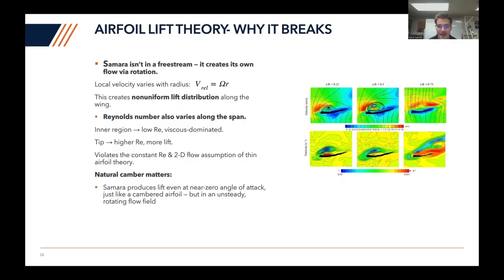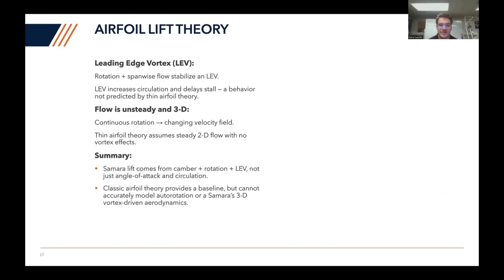Additionally, natural camber matters. Samara seeds produce lift even at near zero angle of attack. However, it's in an unsteady rotating flow field. They also have a leading edge vortex. Rotation and spanwise flow stabilize a leading edge vortex on the seed, which increases circulation and delays stall, a behavior that's not predicted by the thin airfoil theory.